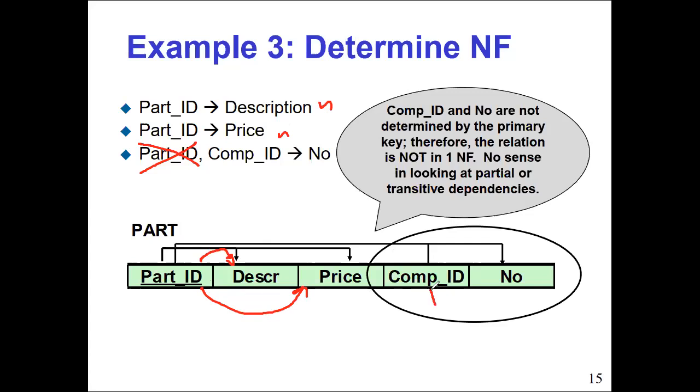Only comp ID determining the number. Comp ID determining number, this one is wrong. While I am passing this, because this is a PDF already, please remove this part. Just try to remember this is the 15th slide. Remove this part.